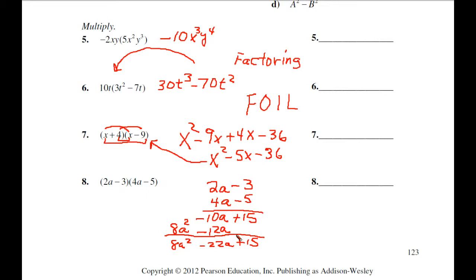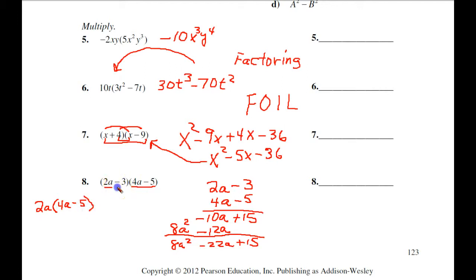Now there's still another way actually, and I should show you that just so you have it among different strategies. That is, you take the first term of the first binomial and multiply it by the second binomial, and it looks like this: 2a times 4a minus 5.